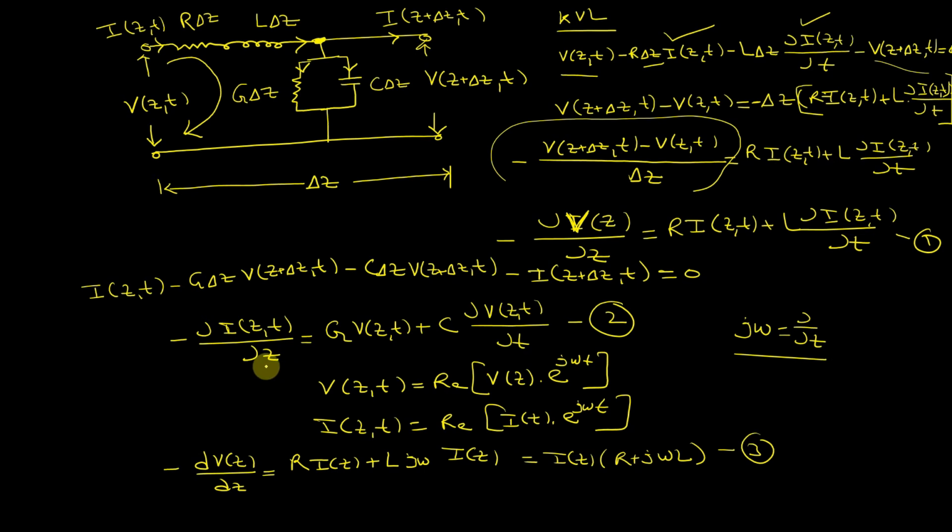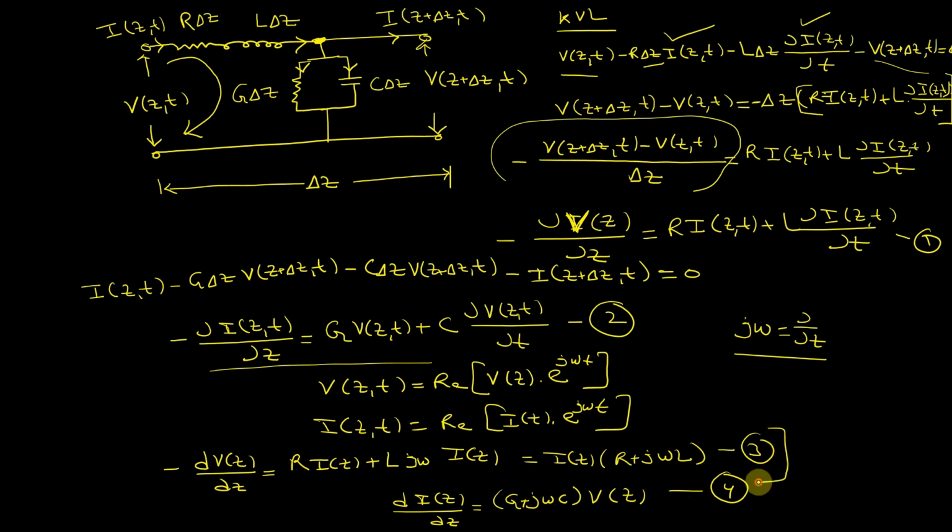Similarly, the second equation can be written as dI(z) by dz is equal to G plus j omega C times V(z). This is equation 4. So we have derived the equations.